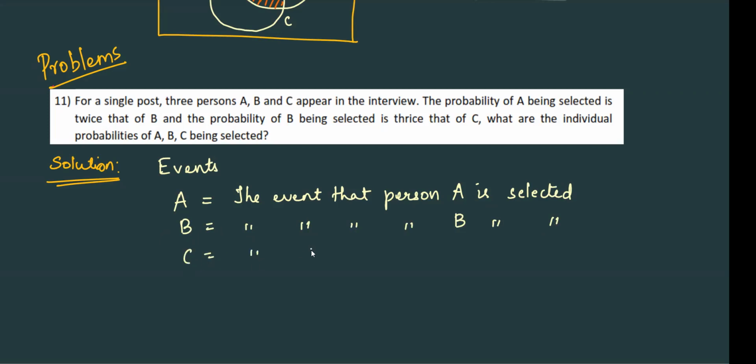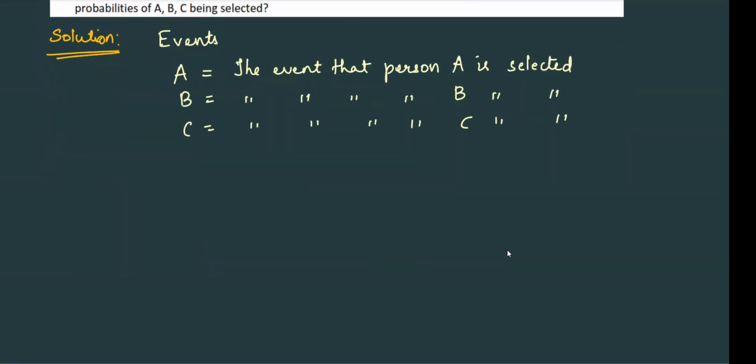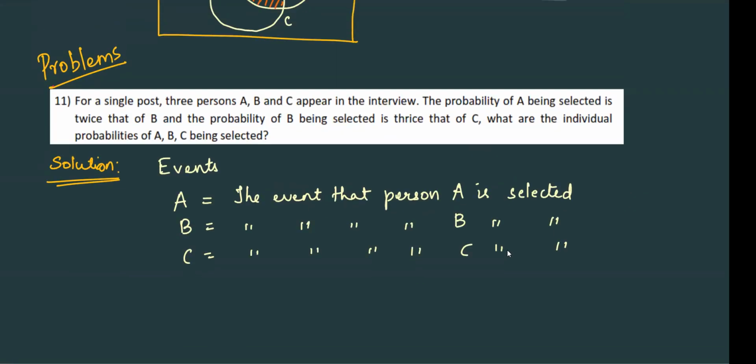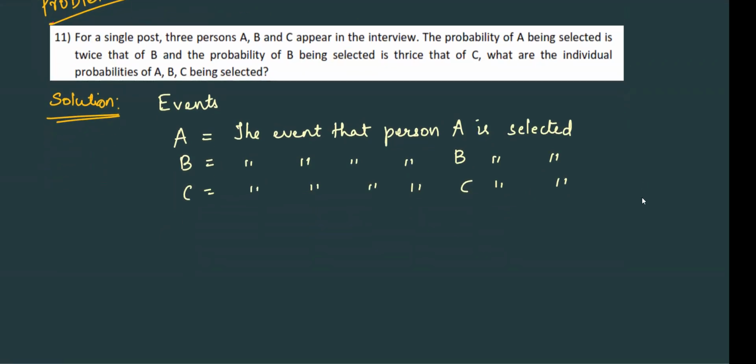C is the event that person C is selected. Okay. What are the individual probabilities? What is P of A union B union C? What is the probability that at least one of them will be selected? Anybody? 1. Very good. Good. This is exhaustive.